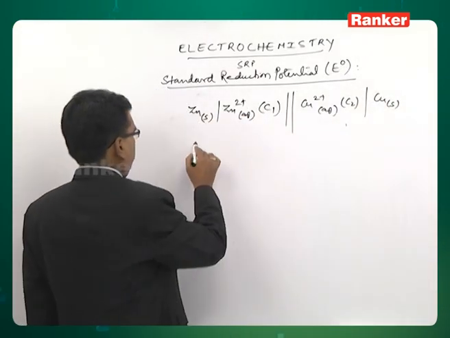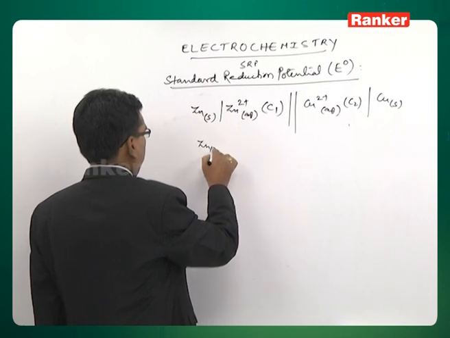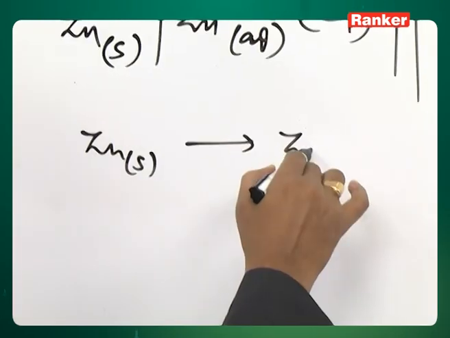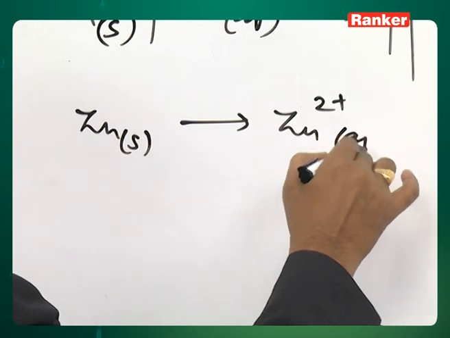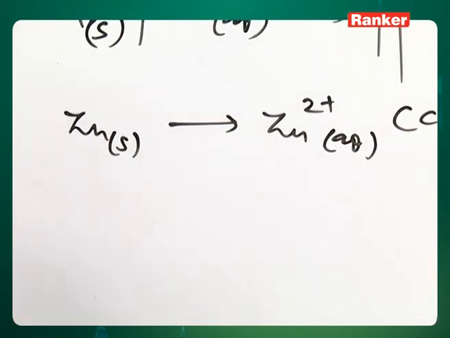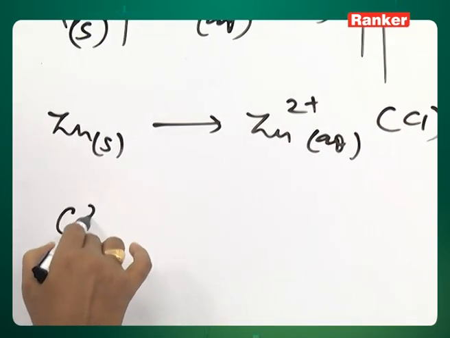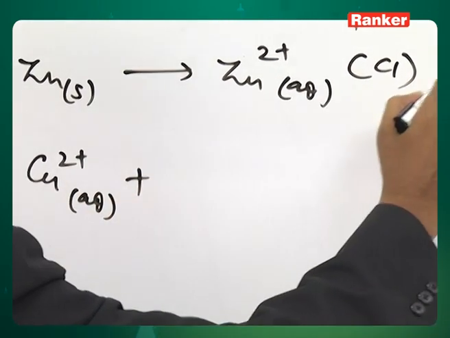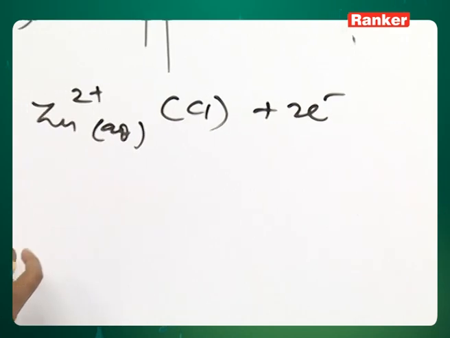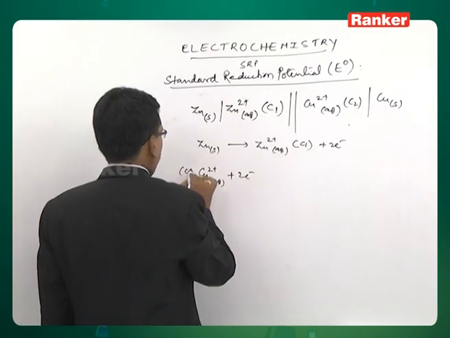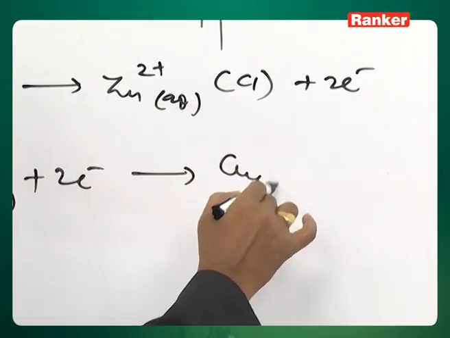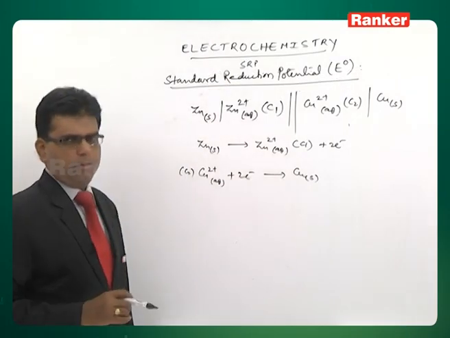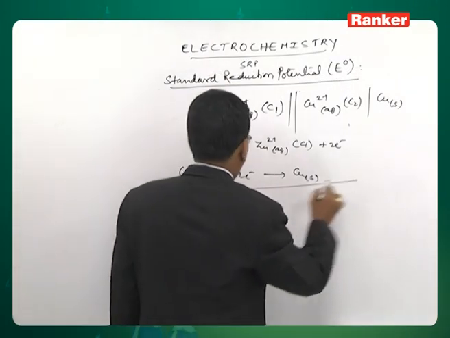For this, the reaction is zinc gets oxidized to Zn2 plus aqueous at concentration C1, Cu2 plus aqueous, 2 electrons, here the concentration is C2, to Cu solid. This is the overall reaction.